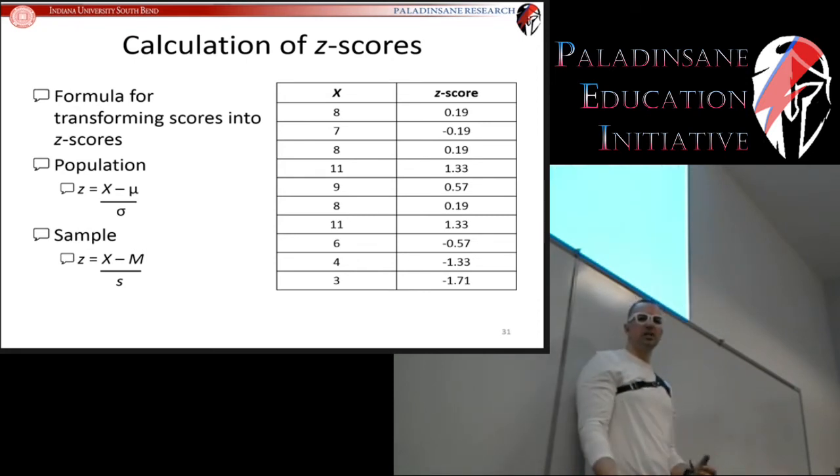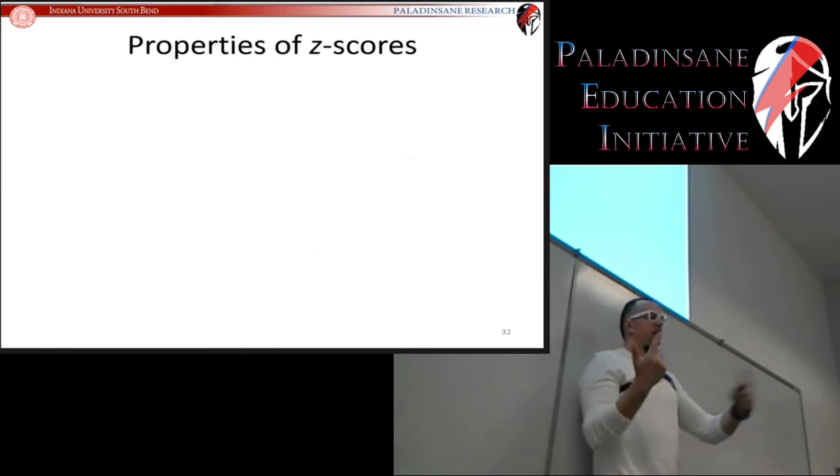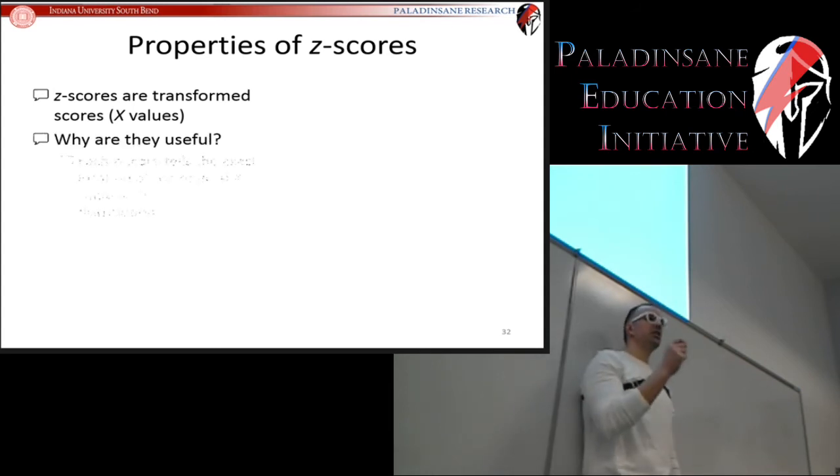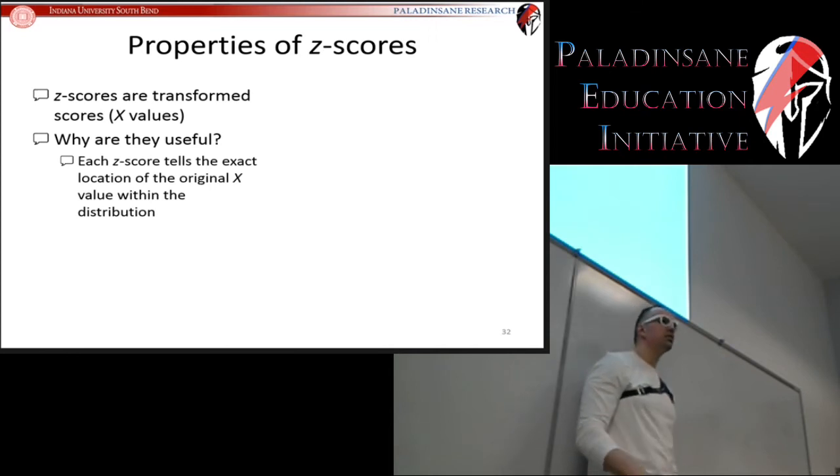All right, so that's the calculation of z-scores. We looked at the characteristics and the calculations. So just a few more properties of z-scores just to hammer this home. Why are they useful? They're useful because each and every single z-score tells you where your score is with respect to its distribution. It gives you the location of the score.